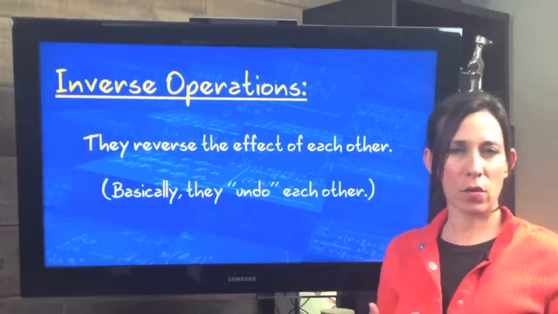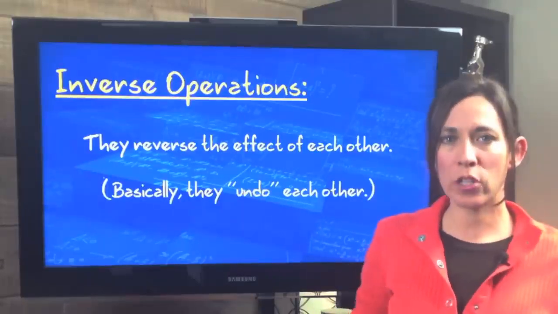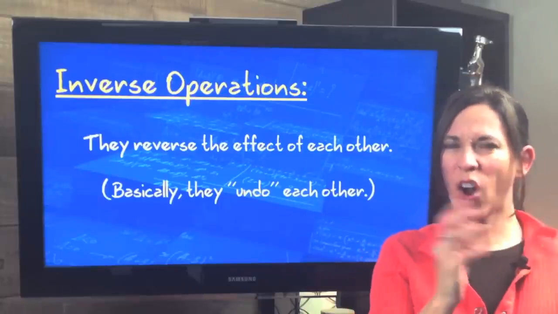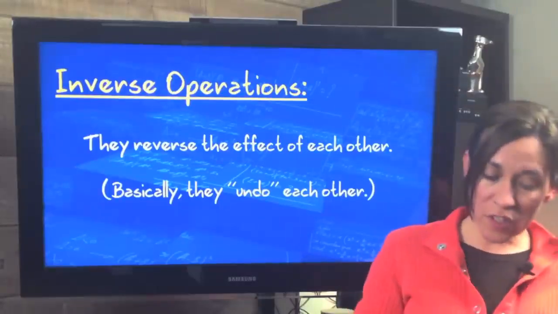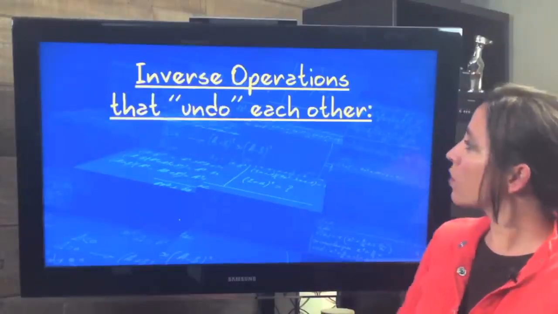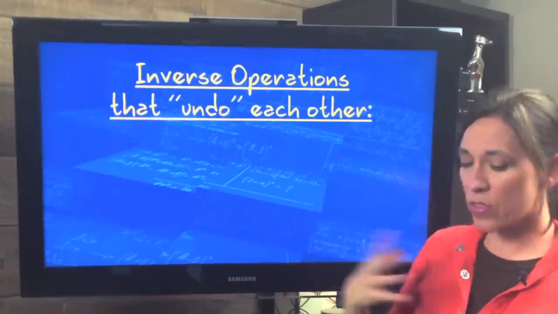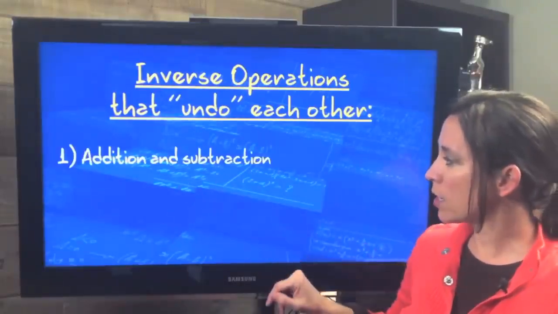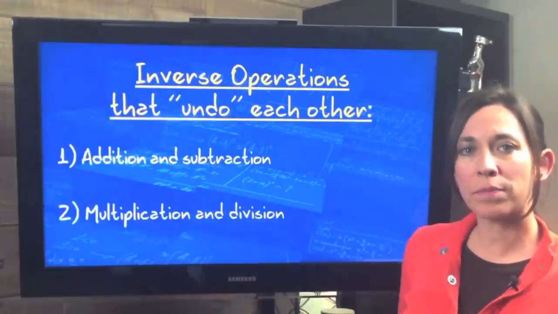But what does that mean to you and me? Basically, they undo each other. Think of addition and subtraction. They're paired up, they're opposites. Multiplication and division are paired up, they're opposites. So those are the two groups of inverse operations that undo each other that we're going to use when solving linear equations: addition and subtraction, and multiplication and division.